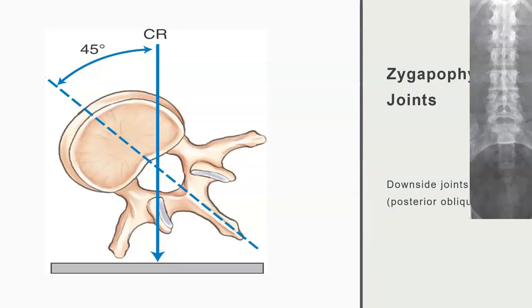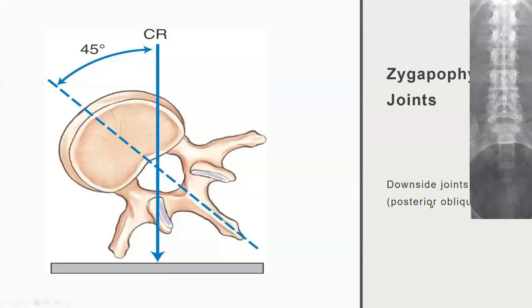In an LPO or an RPO, we're looking at the ZAs, the downside ZA. And more importantly, the Scotty dog, as we go over the Scotty dog, will always point to the direction of the rotation. So if the patient is in an LPO, the face, the head, the nose will all be looking left.